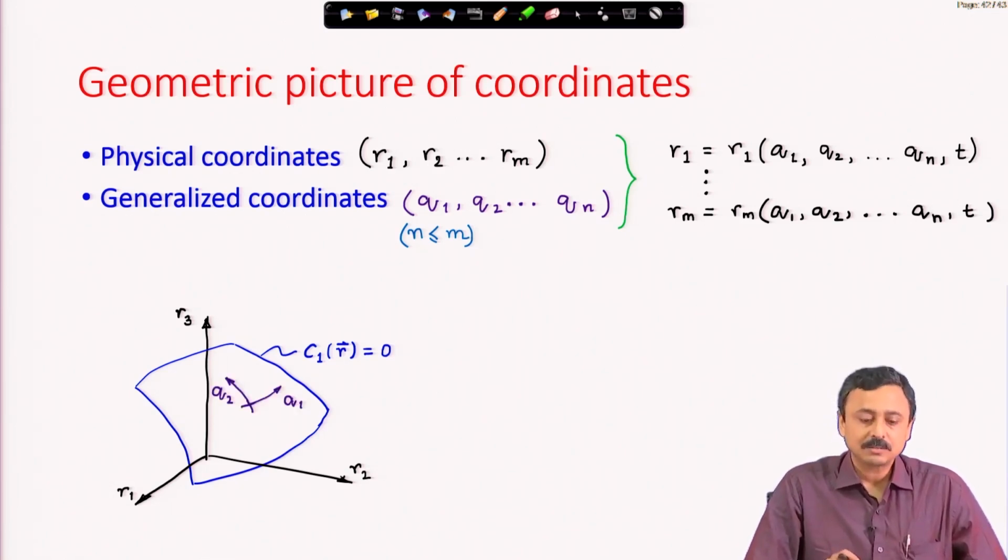On this hard surface on which the points must move in the physical coordinate space, we can parameterize or coordinatize the surface, and what we are doing is coordinatizing using the generalized coordinates.